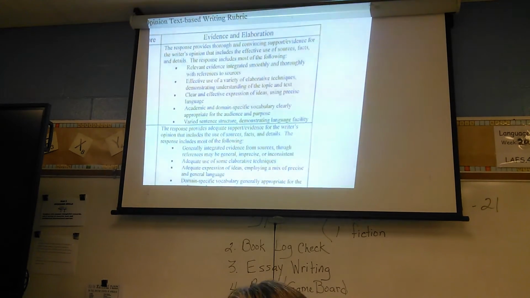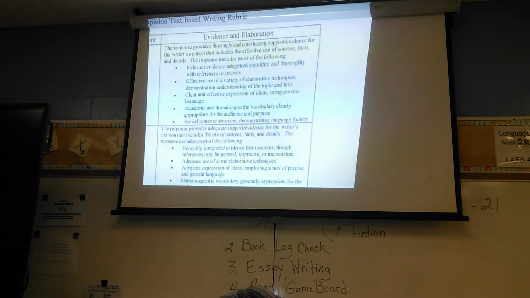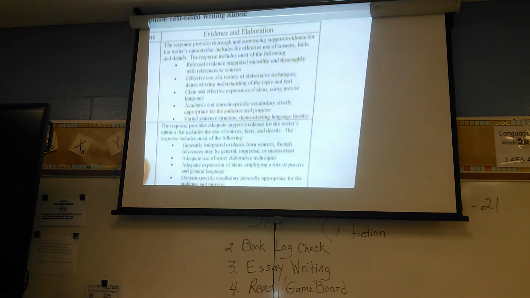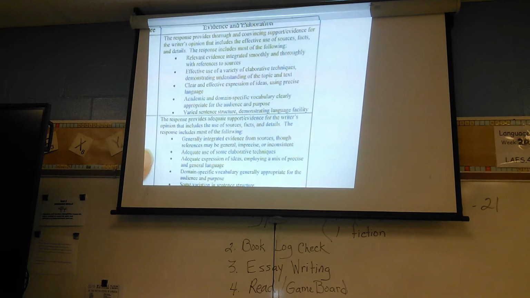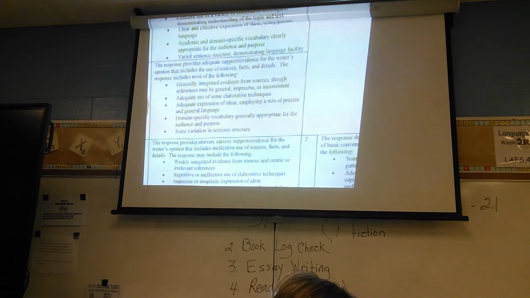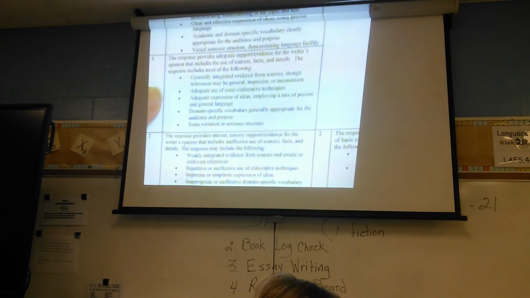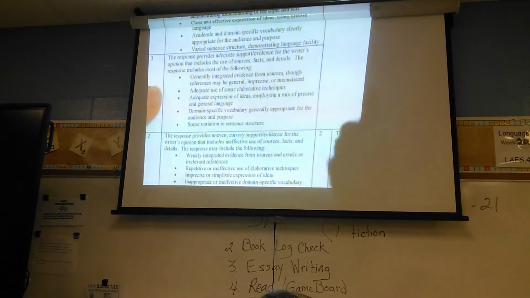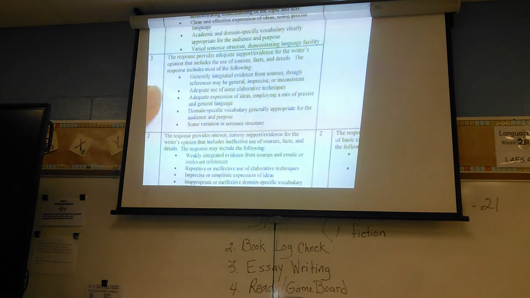Okay, so in order to get a 4, it has to be thorough, it has to be clear, it has to have precise language. Let's look and see what it is when it's a 3. The response provides adequate support. Okay, so we had thorough support for a 4, adequate support.